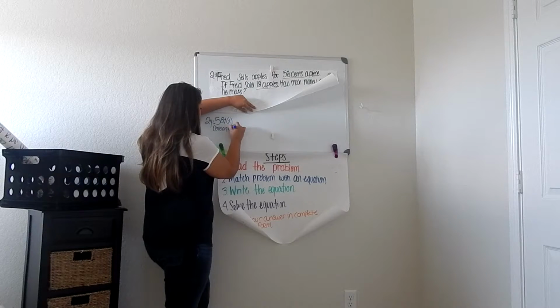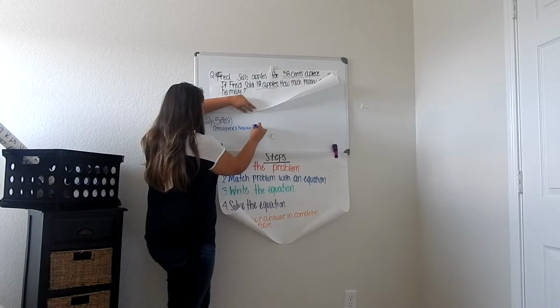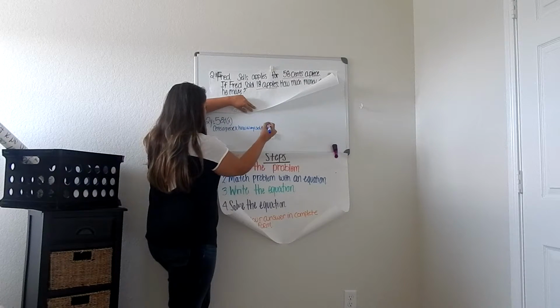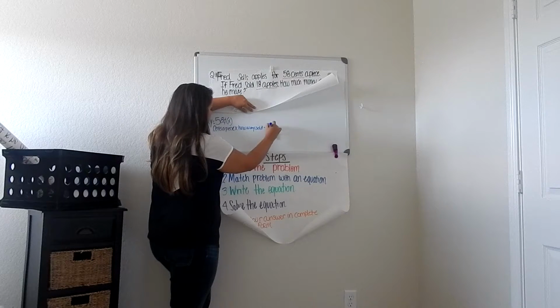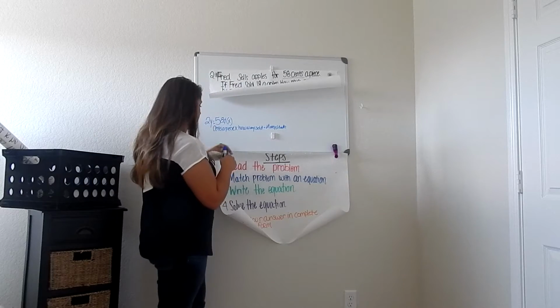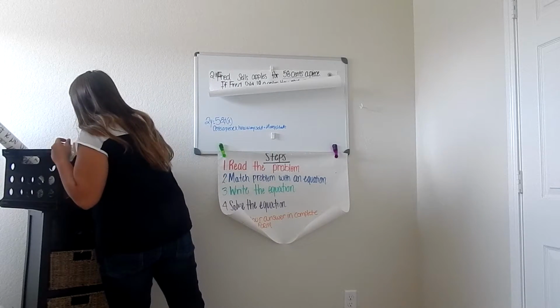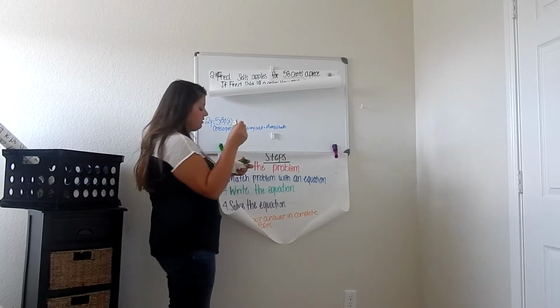Good job, class. Times how many sold equals how much money made. Good job. All right, so let's write our function in function form.